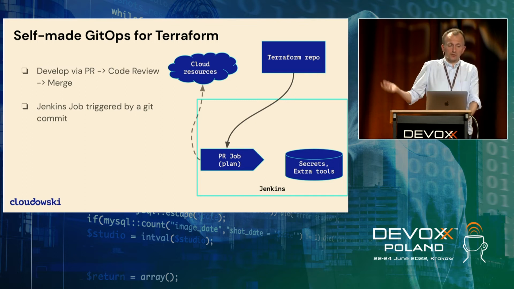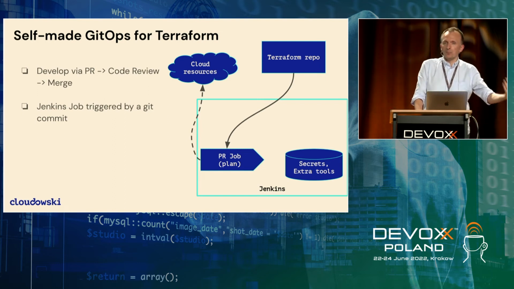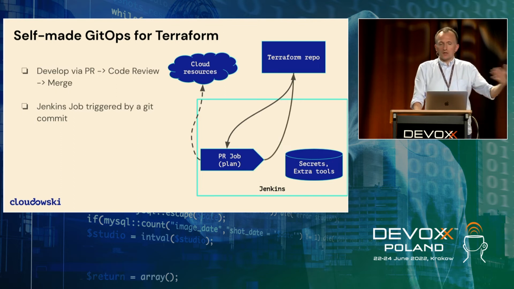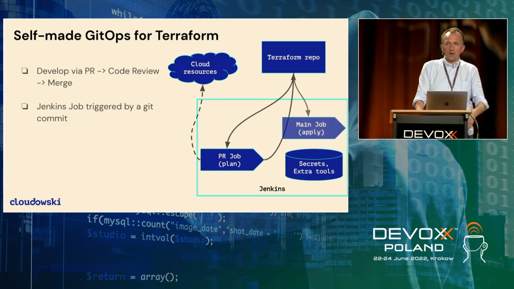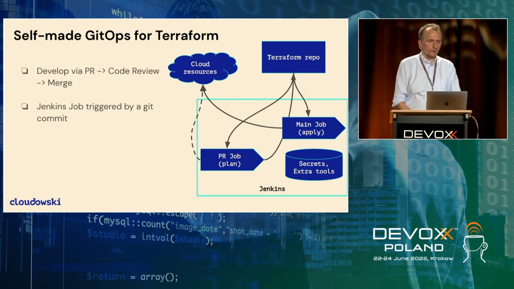Its main job is to perform a Terraform plan, so some dry run. And of course, after the merge, another job gets executed, and then all of the resources are created or synchronized with the code.